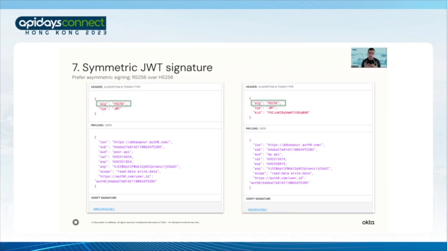When you're using symmetric, both the signer and the verifier are at the same level of power, so they have to share the same secret, which, if compromised, someone can use to issue new tokens. So the recommendation is to always go for asymmetric. A private key is used for signing, and the public key is used for validating the signature.